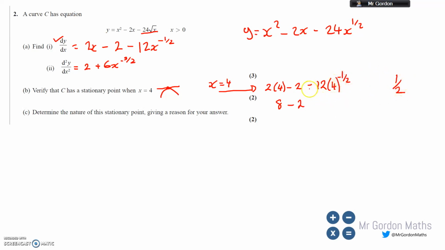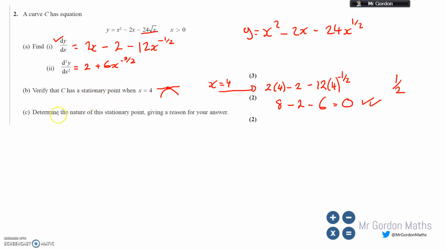So it's basically minus 12 times a half, which is going to be minus 6. And that equals 0. So that is what we had to show, that the gradient is 0 when x is 4, and if we put 4 into the gradient function, we do get 0. So that is enough to verify that C has a stationary point.